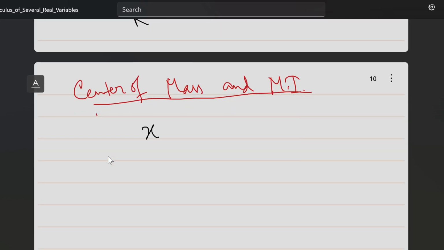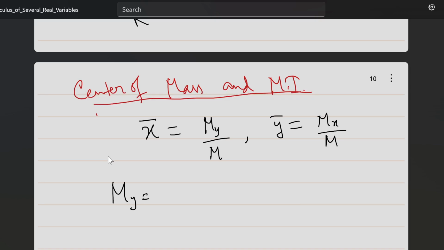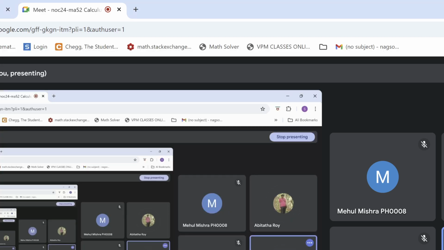The center of mass coordinates are x bar equal to My by M, and y bar equal to Mx by M, right? What is My? It is the integral of x into delta, the density function, into dA, where dA is the area.